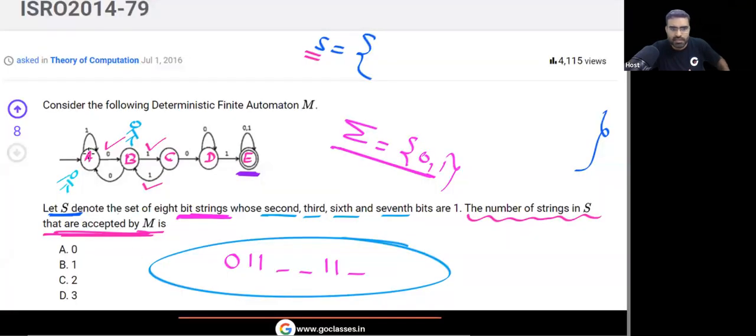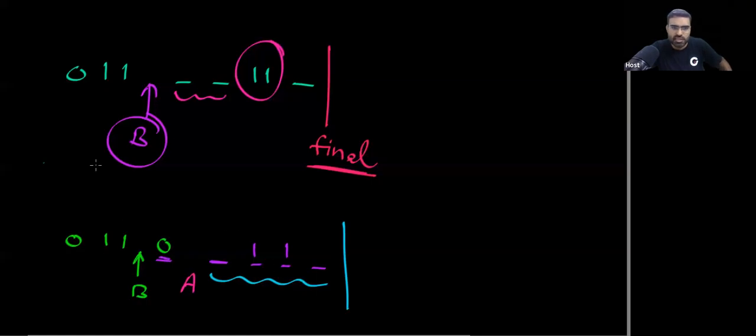Now you tell me, in the state A, can you go to the final state? What is the minimum string you need to read to go to the final state from A? That is 0, 1, 0, 1. So I can say that this strategy will not work.